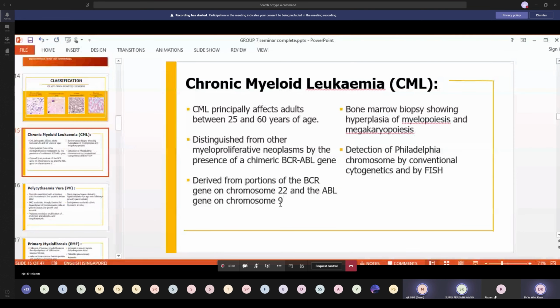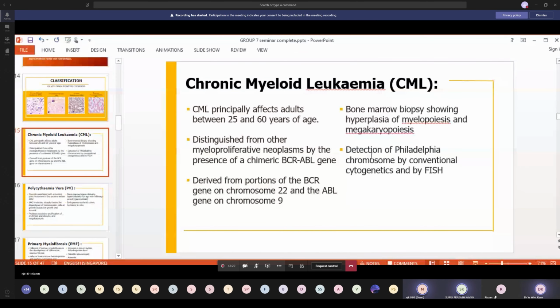So two factors now. One is the BCR-ABL gene. The other one is chromosome 22 and 9. To check on this, you use a bone marrow biopsy showing hyperplasia of this cell and megakaryocytes.